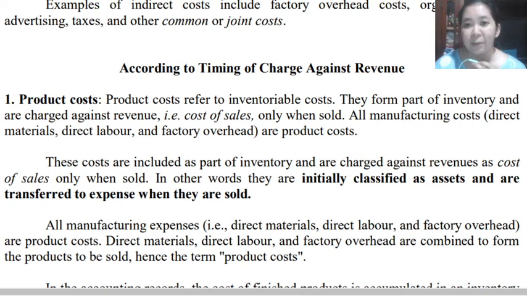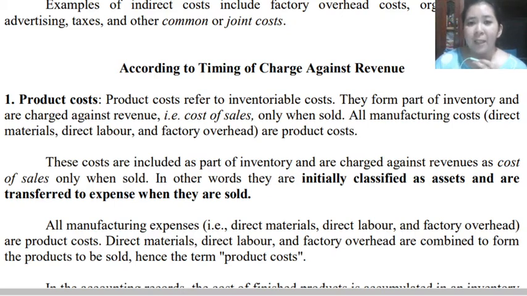Okay, please take note of that. So in other words, initially, our product costs are classified as assets under our inventory account, and later on, we will transfer these costs to the expense account when they are sold.